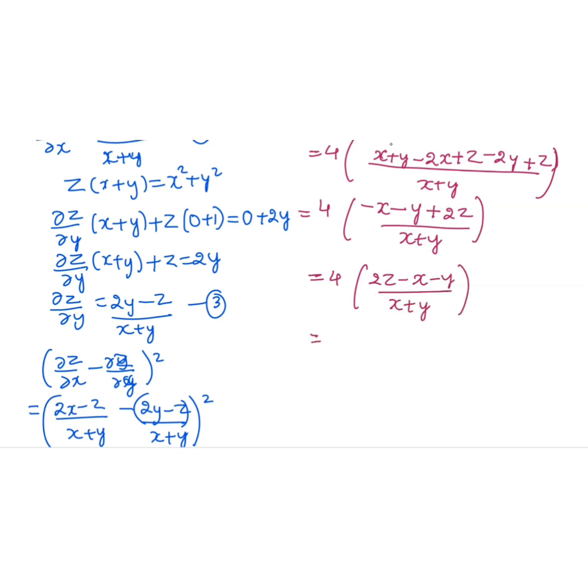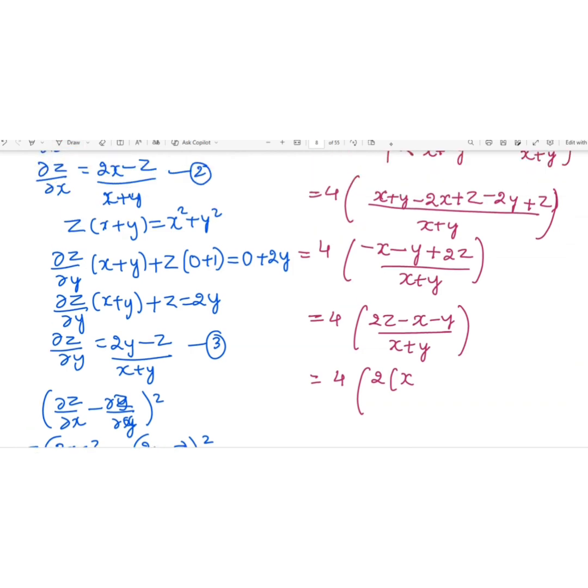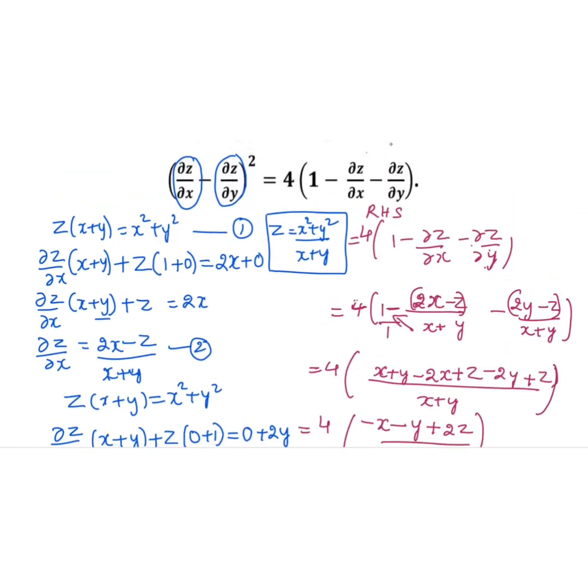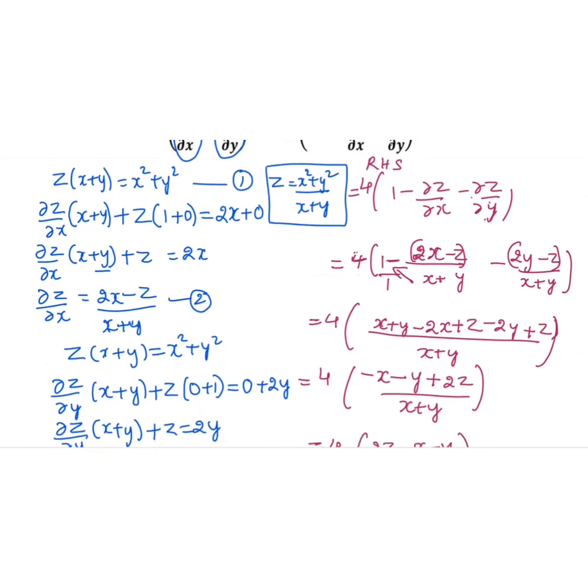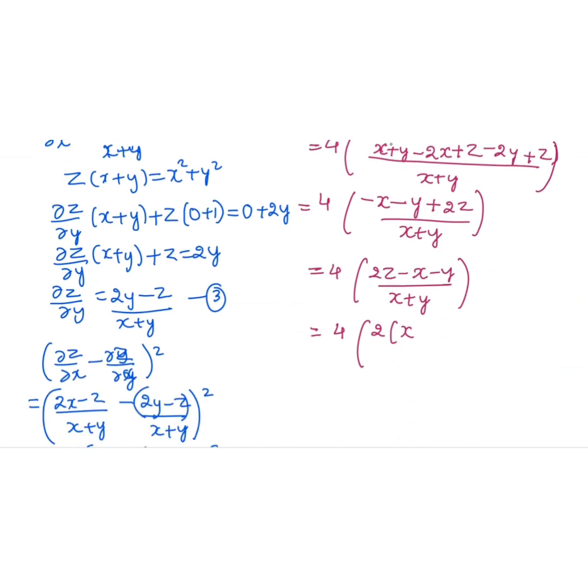So now we know that z value we have already written: x square plus y square divided by x plus y. So we'll write it as x square plus y square divided by x plus y minus x minus y. Now this x plus y, I'll take it outside.